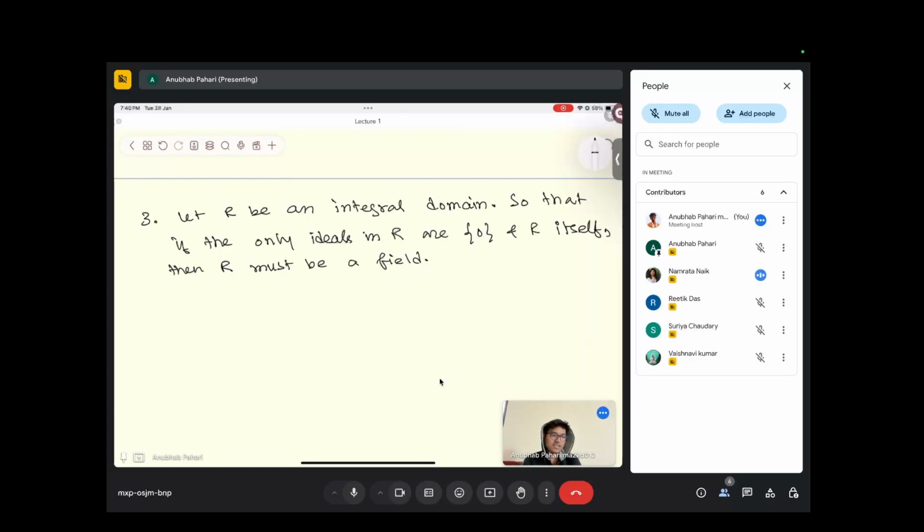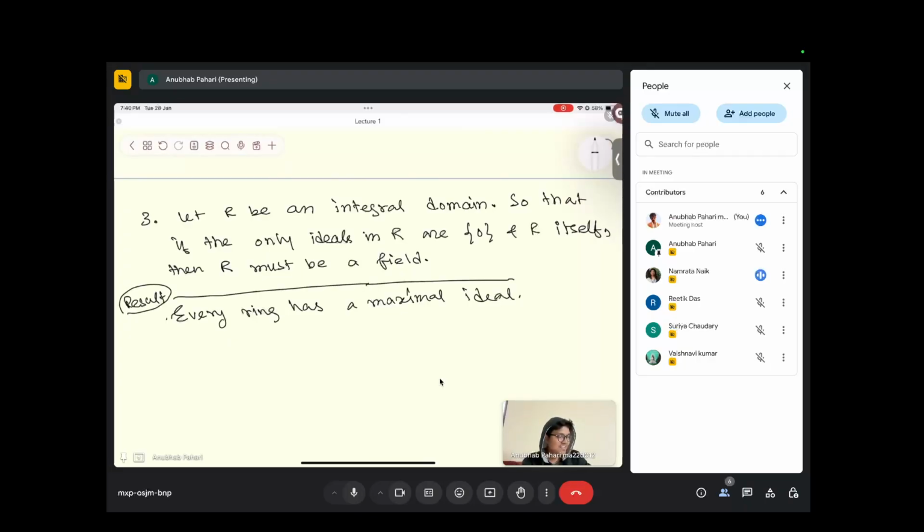Here we are assuming a result, what Namrata is saying, that every ring has a maximal ideal. I was kind of avoiding that, because if you use that, it is the standard result that R over a maximal ideal is a field.